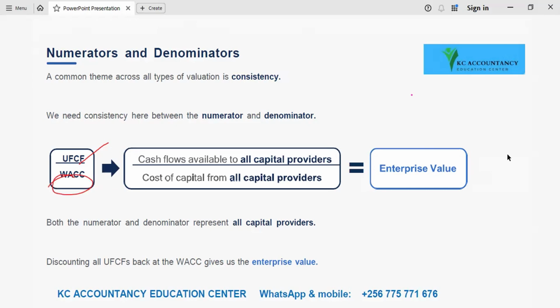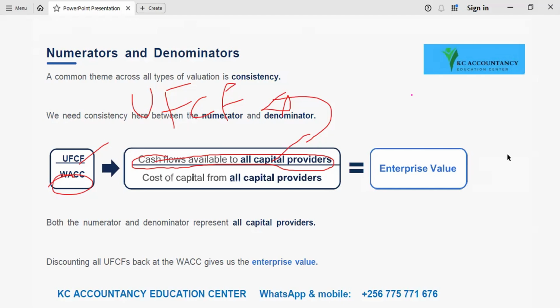Now, let's take a look at these two items, the numerator and the denominator. The numerator is the cash flows, in other words, the unlevered free cash flows. Those are cash flows that are available to all capital providers, including the debt providers and at the same time the equity providers.